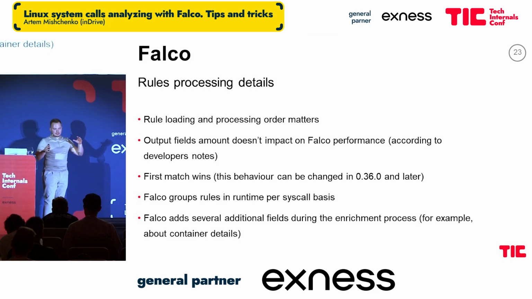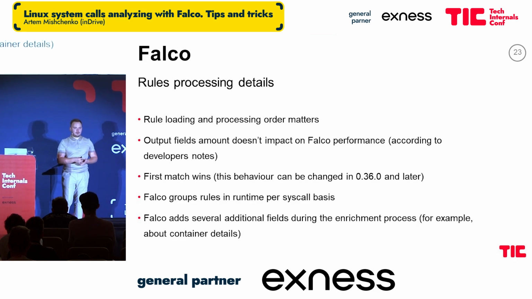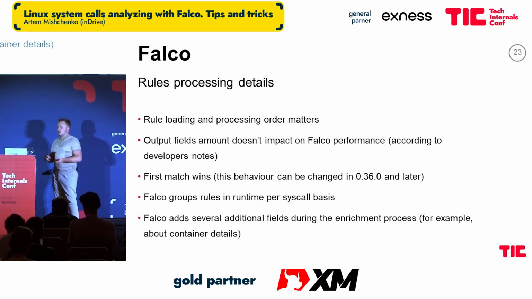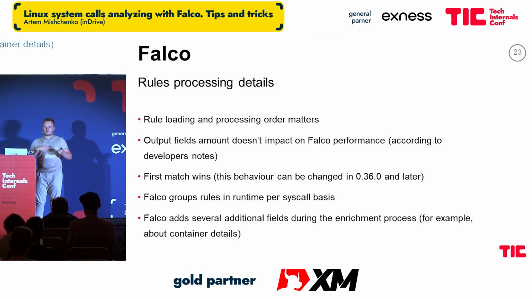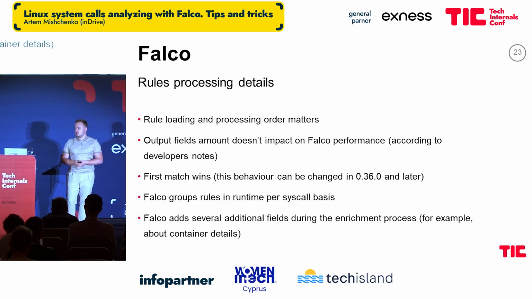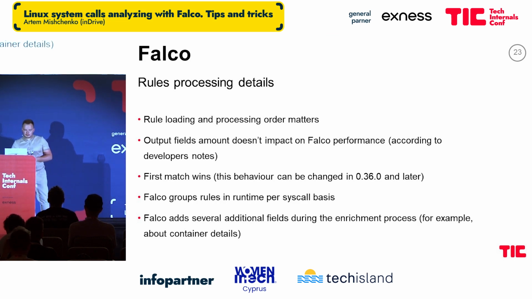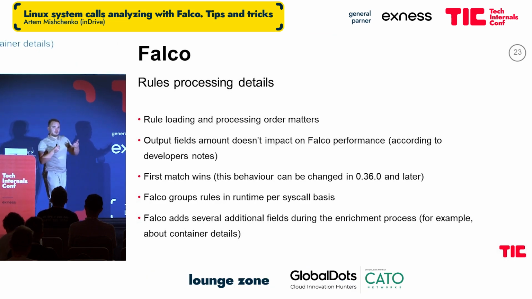If we have similar parts in different rule files, we will have overriding, and we need to remember that only the last part will be final. Output fields amount doesn't impact Falco performance. According to developers, maybe it can, but they said it shouldn't create any visible additional load.